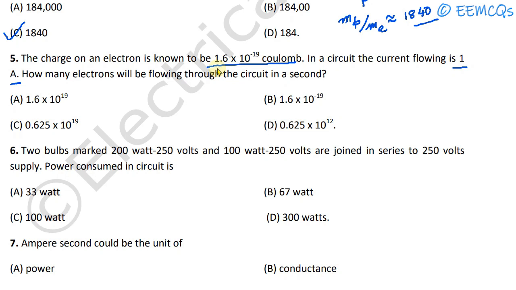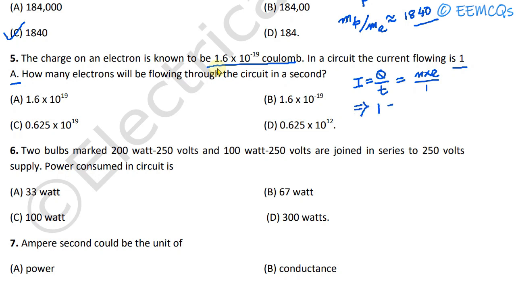Now what you know? The current I is equal to Q by time t. That means charge flowing per unit time is basically your current, or rate of flow of charge. So the charge of an electron is given, and you have to count the number of electrons. Let us say Q is equal to N into the charge of an electron, where N is the number of electrons flowing, and time is given as a second, so t is 1, and I is 1 ampere.